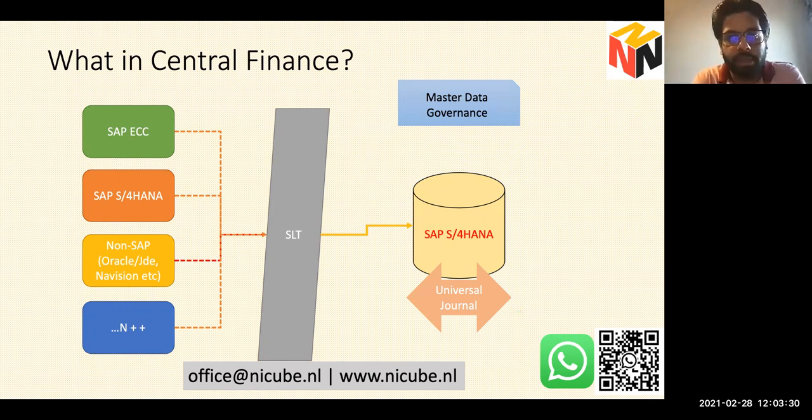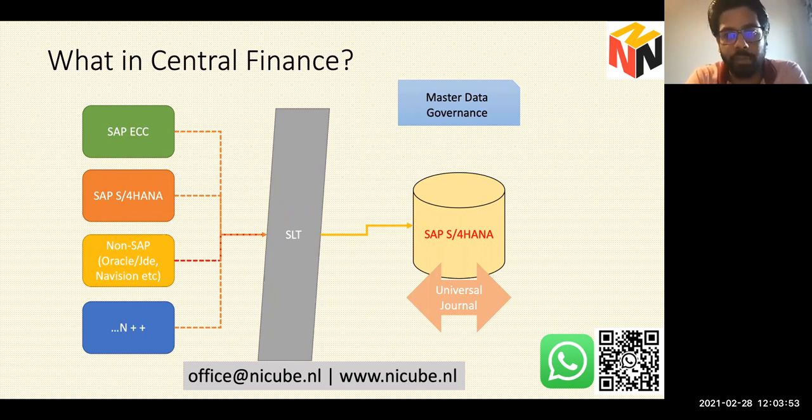So central finance is basically you are merging all your ERP systems, SAP and non-SAP, for your financial transaction data into one system. Today you are using your ECC system or S/4HANA system or non-SAP systems, and tomorrow you consolidate all your accounting documents, all your accounting operations into one system.